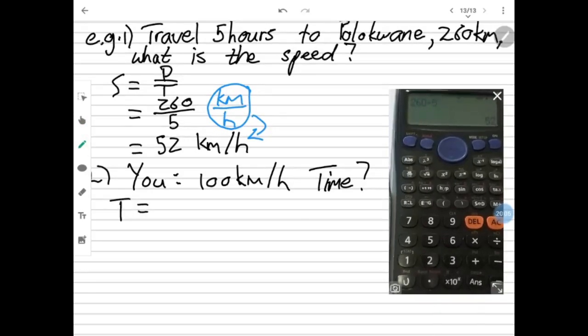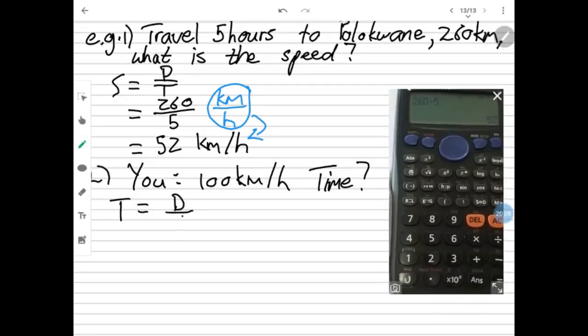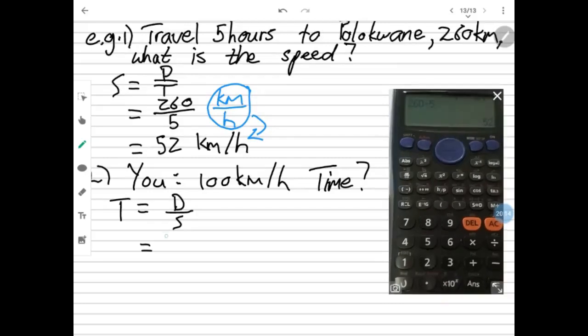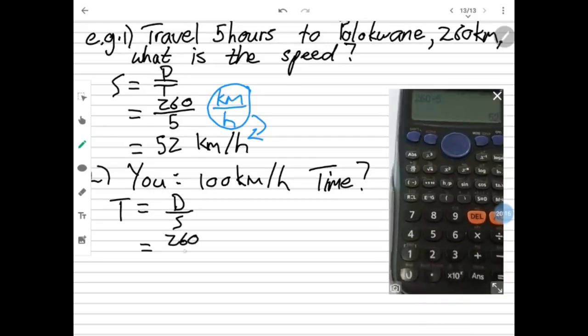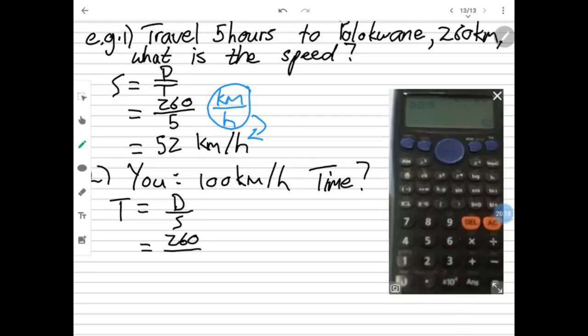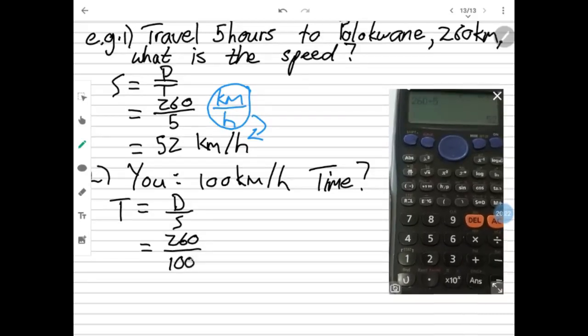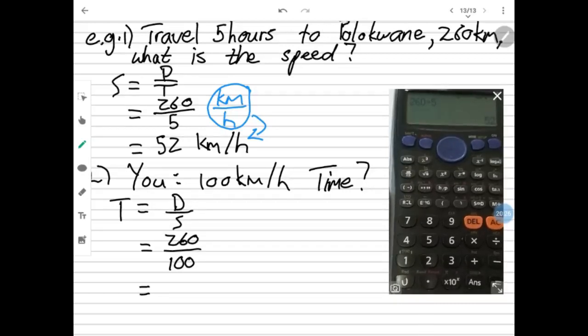We have the distance to Polokwane, 260 kilometers, and the speed, we just said for you, is 100 kilometers per hour. Now we can type that into the calculator.